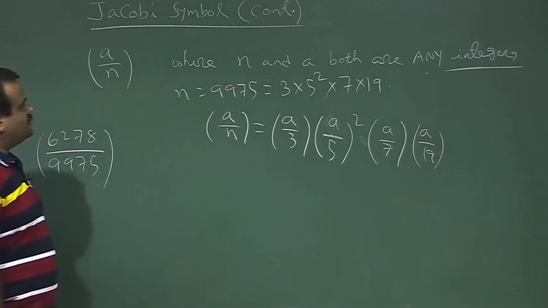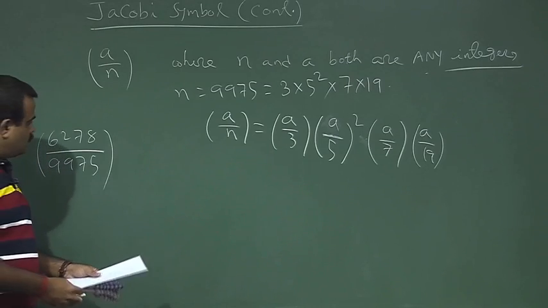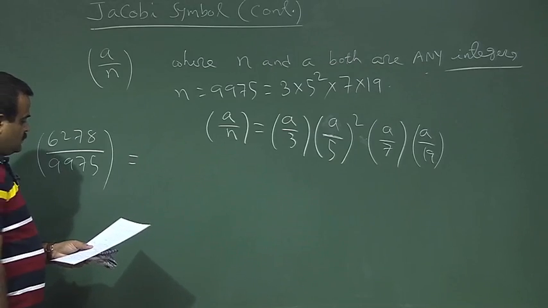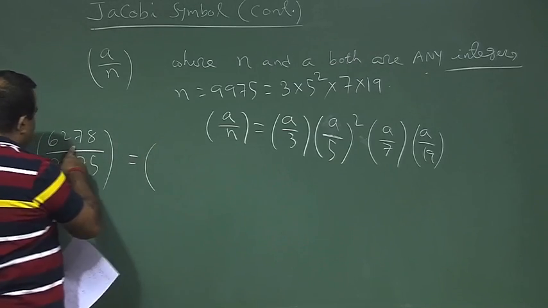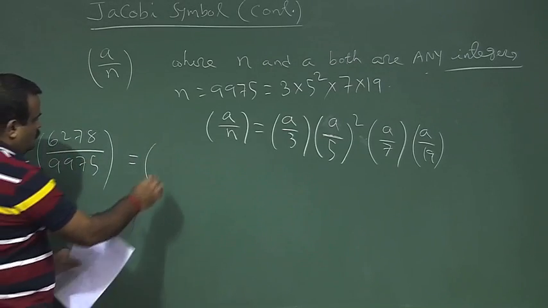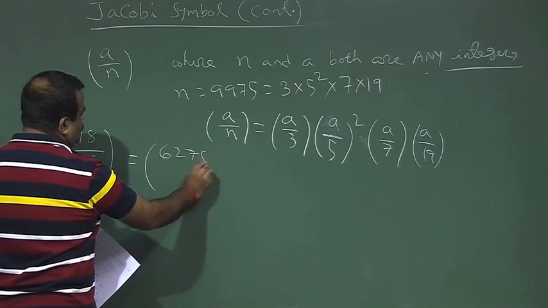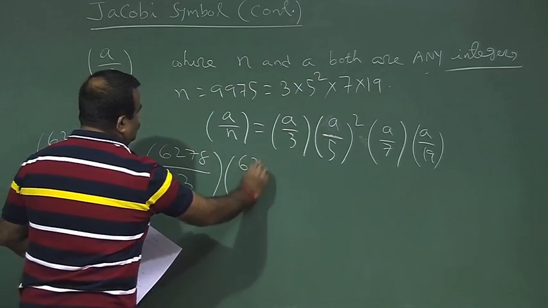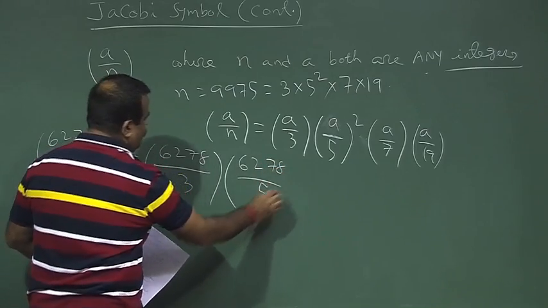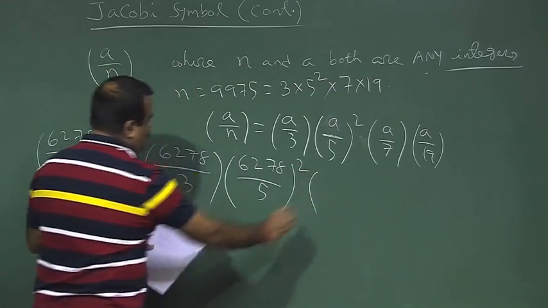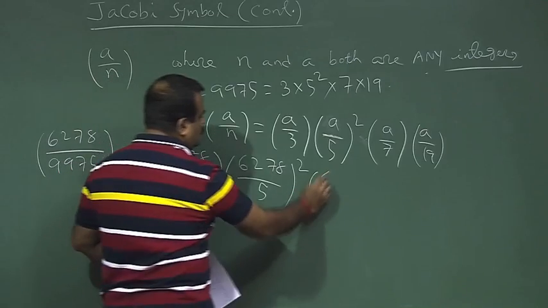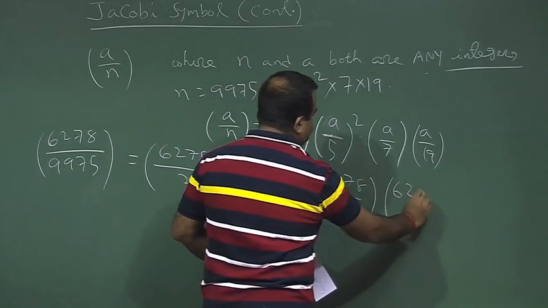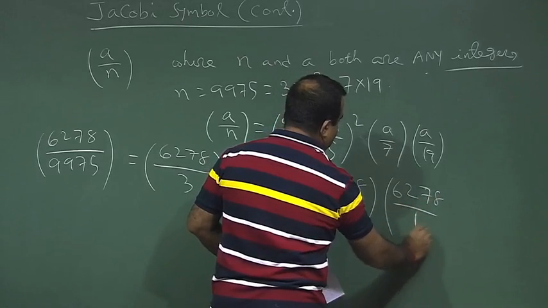We will use this definition to calculate this. So, with a as 6278, it is 6278 by 3, into 6278 by 5 square, into 6278 by 7, into 6278 by 19.